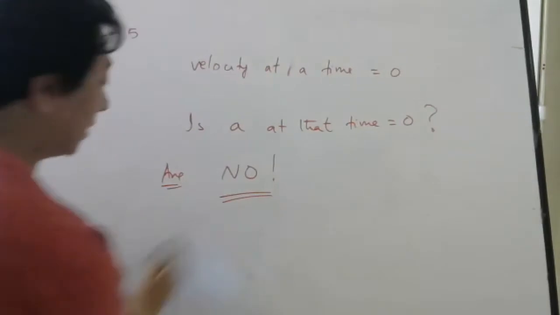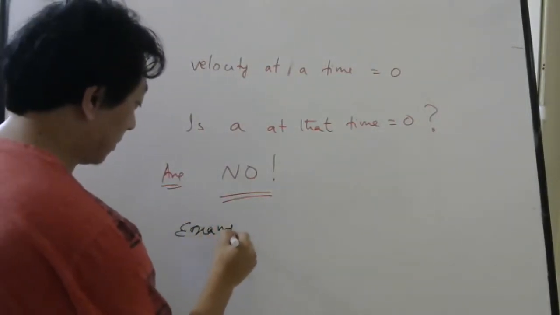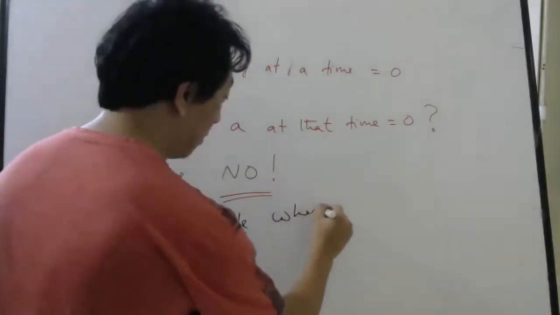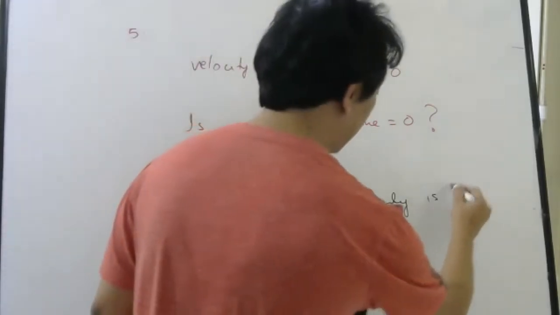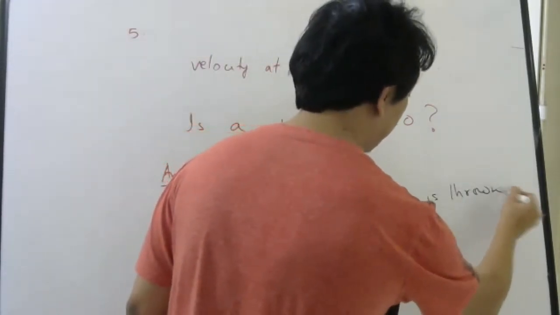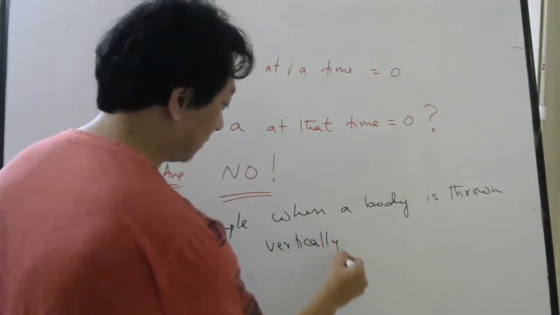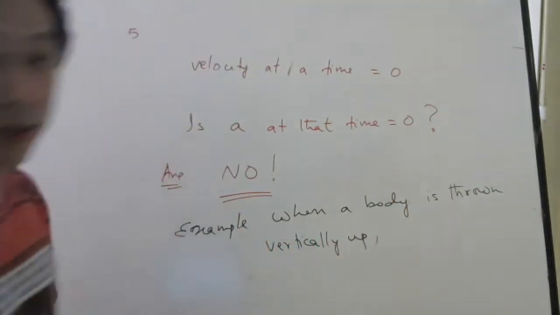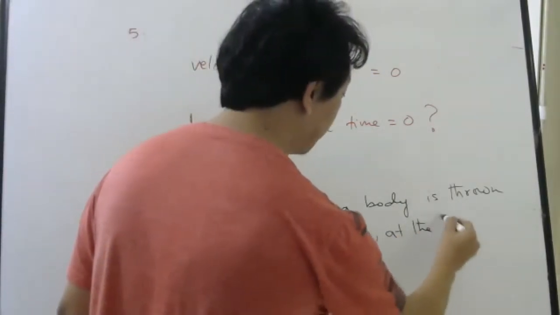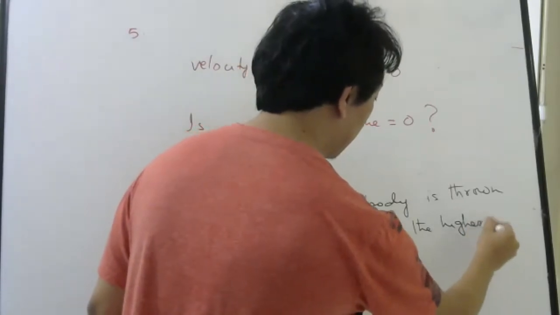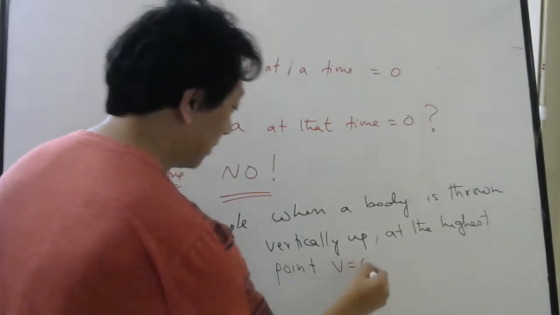So what is the example? First you write down: when a body is thrown vertically up, at the highest point, velocity is 0.